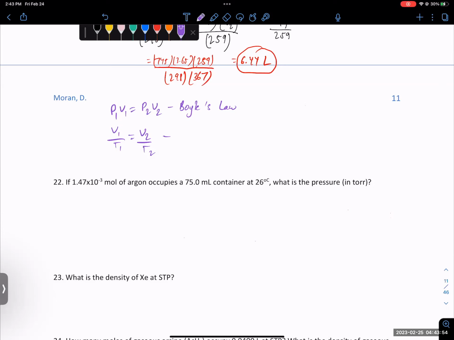Starts with a C. Charles. Charles' law. Right? My personal favorite, P1 over T1 equals P2 over T2. Who did that? Gay-Lussac. Exactly.